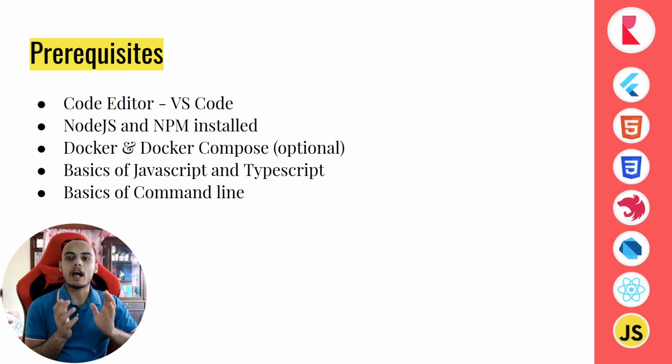Next, I prefer using Docker and Docker Compose over installing all the database engines and other required stuff on my original machine. So if you have Docker and Docker Compose, that is a bonus. But even if you don't have that, you can follow along easily.